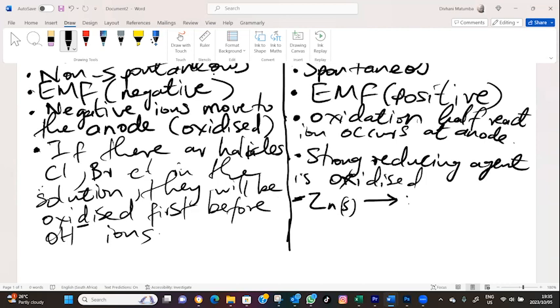Zinc, in the reaction, we will have two electrons.